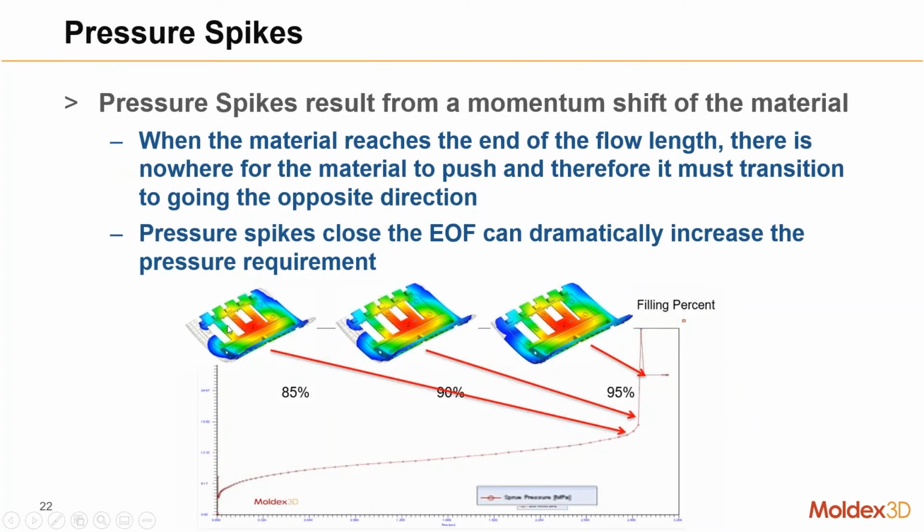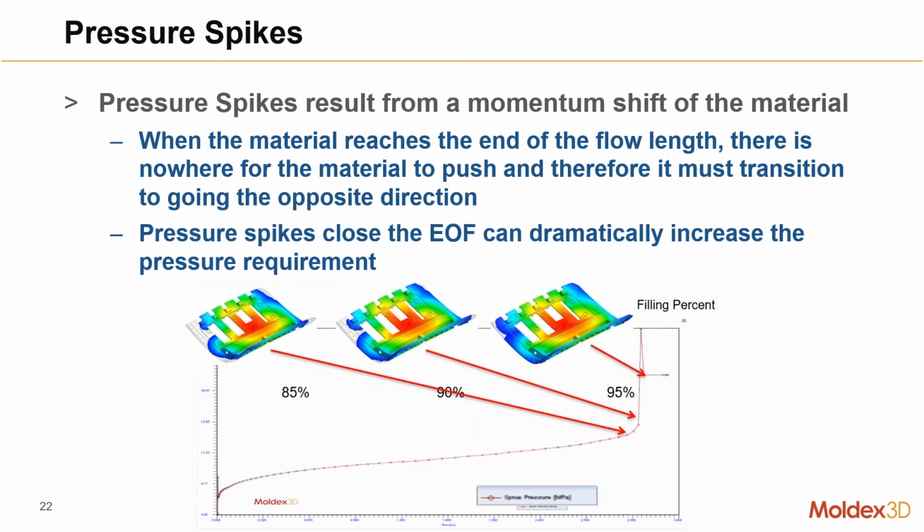In this case, it appears to be a center gated part. It looks like it's geometrically centered. But we can actually see as we get towards the end of fill, at 85, 90, and 95%, that one side fills much faster than the other. Pressure spikes like this are caused because the material has nowhere to go on one side of the part, so it has to very rapidly shift to going in the other direction.